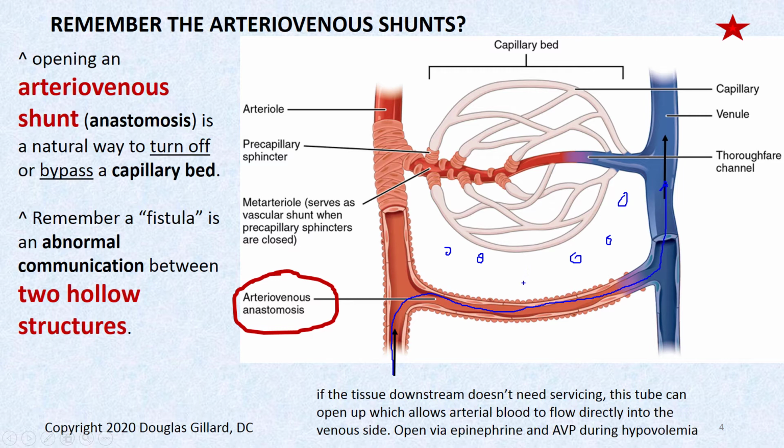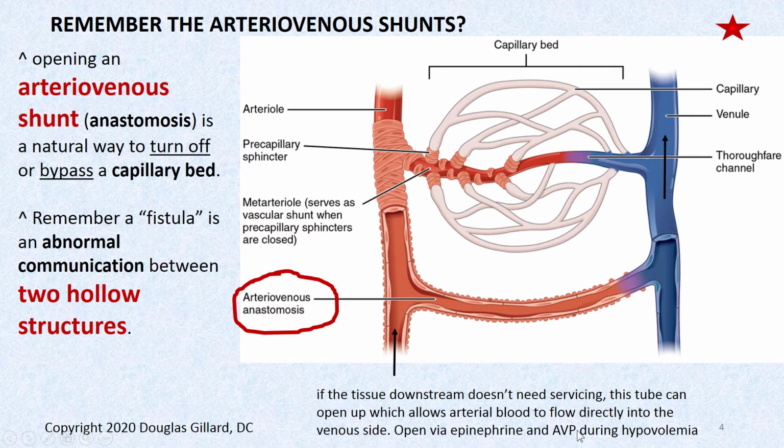right? On the other side, in another way that these things can open up, we've talked about this before, if you have hypotension or hypovolemia, the adrenal medulla will release epinephrine, which binds to receptors here, and it causes the smooth muscle to relax in this case, and it allows blood to flow right through this tube.